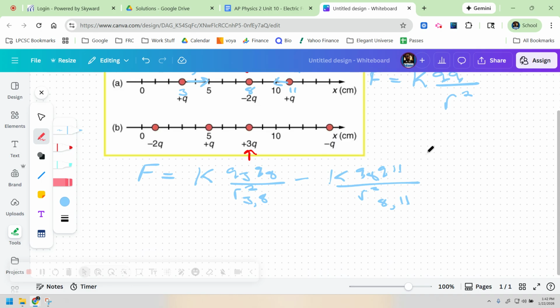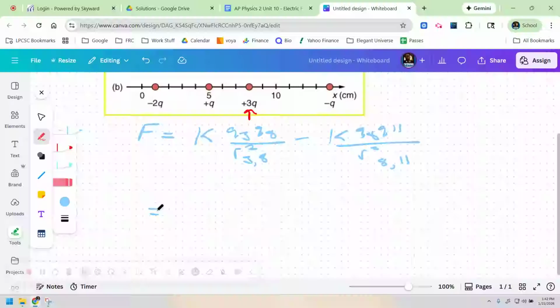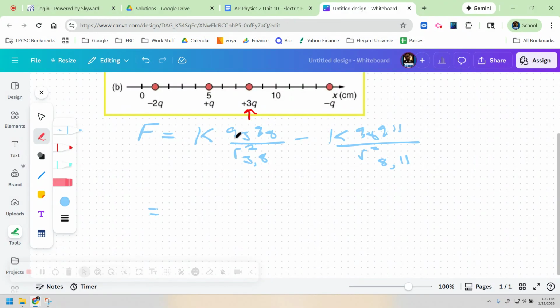So then we just plug in the numbers, right? So on the next line, you can factor out the K, in other words, I'm multiplying both terms by K. Remember that K is 8.99, that's a constant, times 10 to the 9.